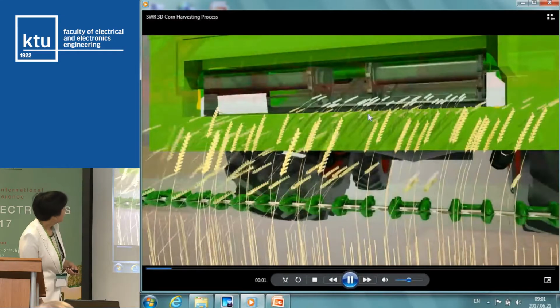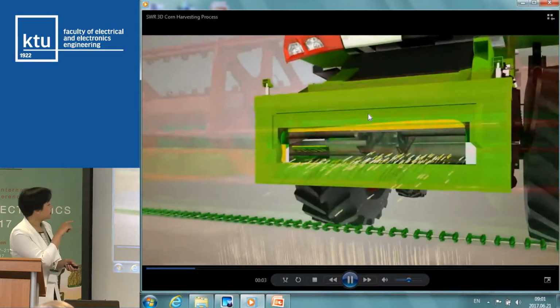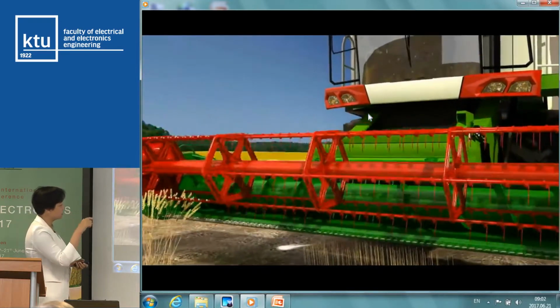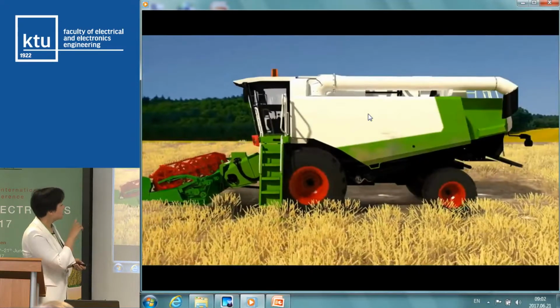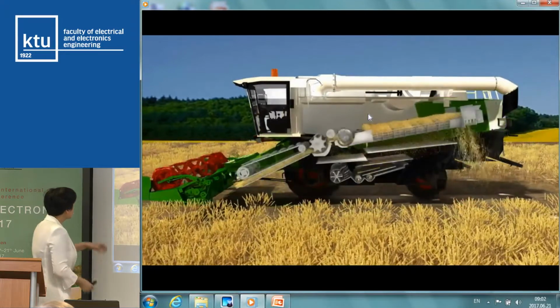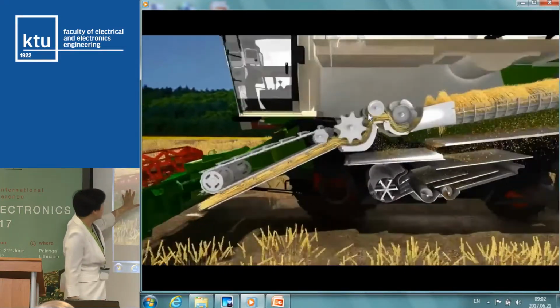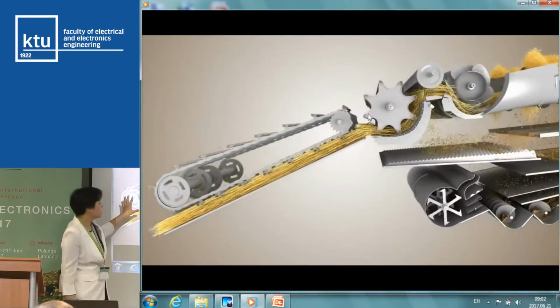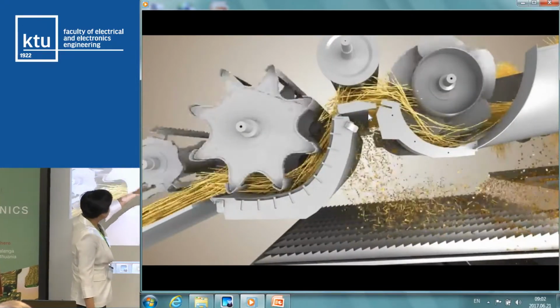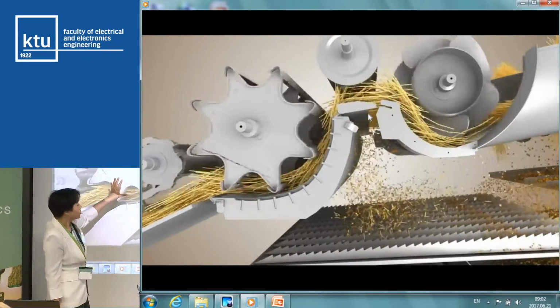For this machine, it has a lot of different processes for producing the grain. This is the header of the combined harvester, this part is the transport, and this is the threshing drum.